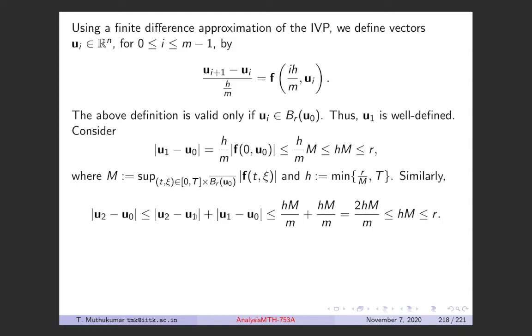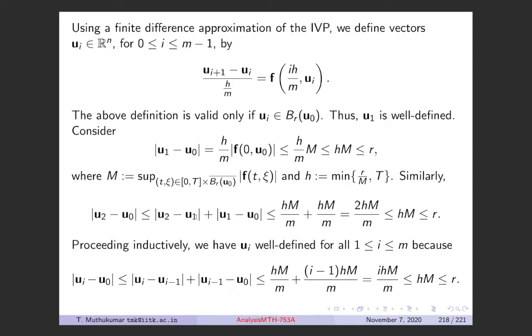So similarly u2 also satisfies this, so u3 is well defined. If we proceed inductively this way, we can show that all the u_i's that we have defined here are actually in this ball of radius r centered at u0.